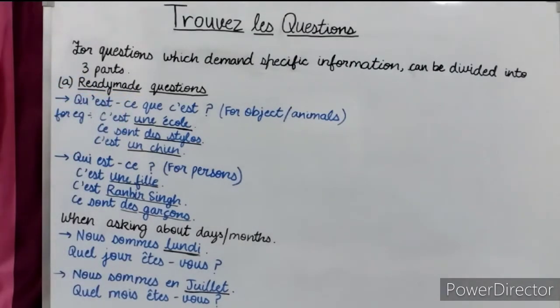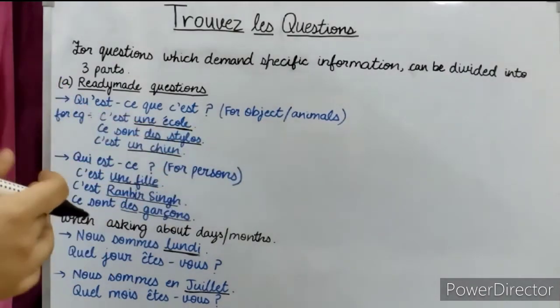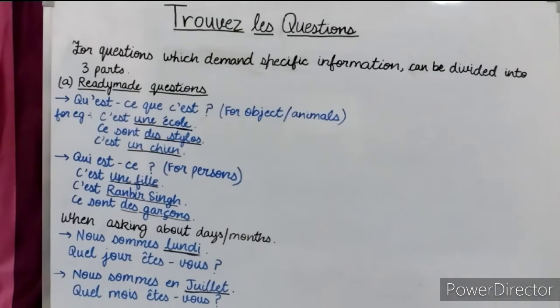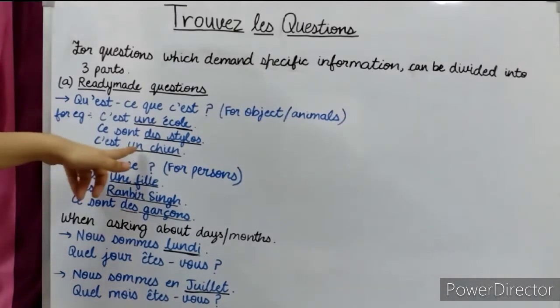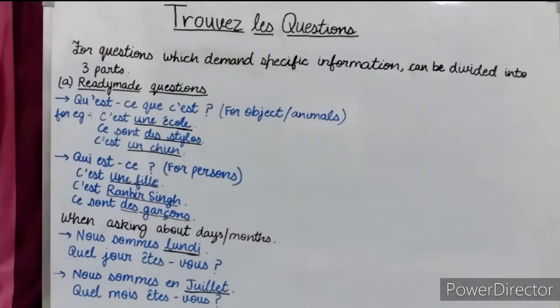Qu'est-ce que c'est? For objects or animals, we use the question qu'est-ce que c'est? For example, c'est une école, this is a school. Ce sont des stylos, these are some pens. C'est un chien, this is a dog. For all of them, we use the question qu'est-ce que c'est?